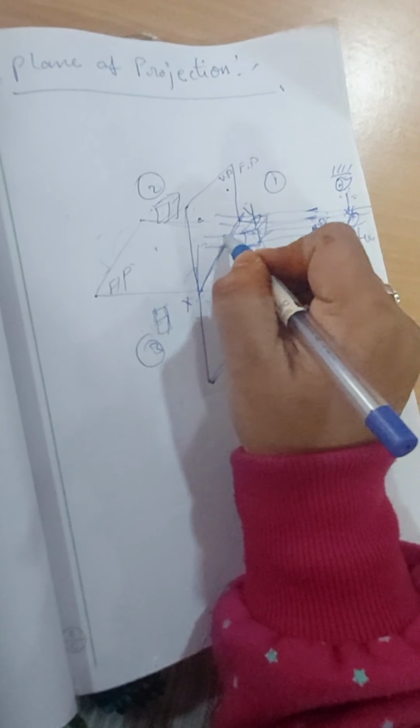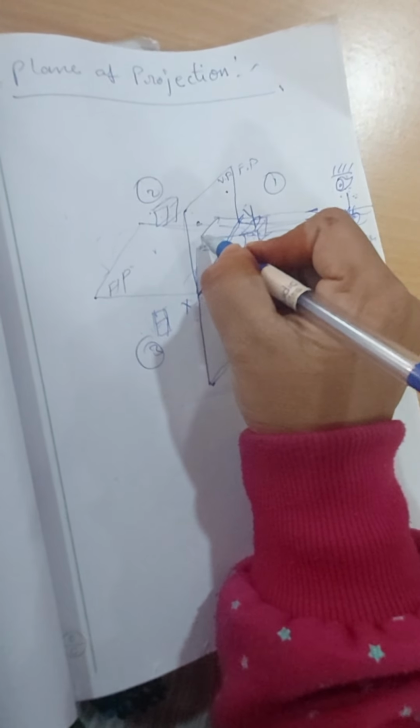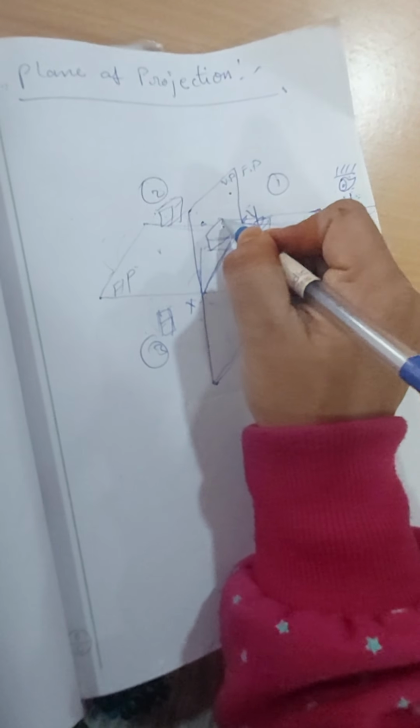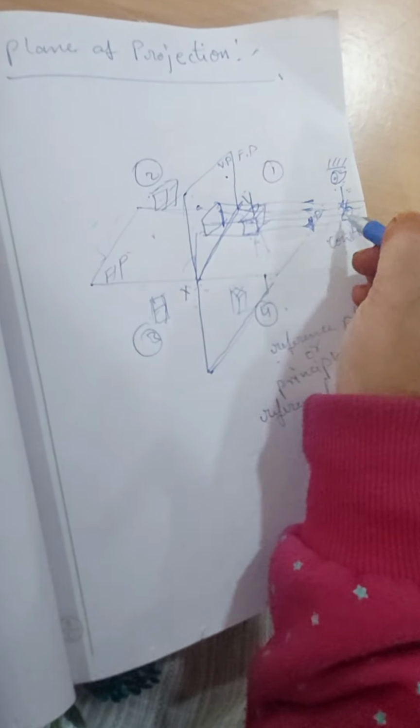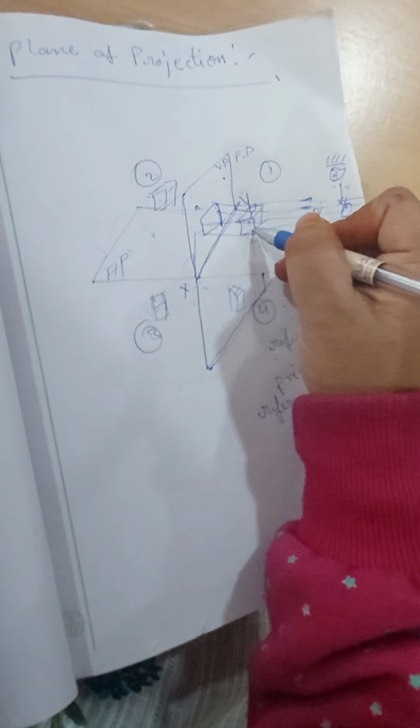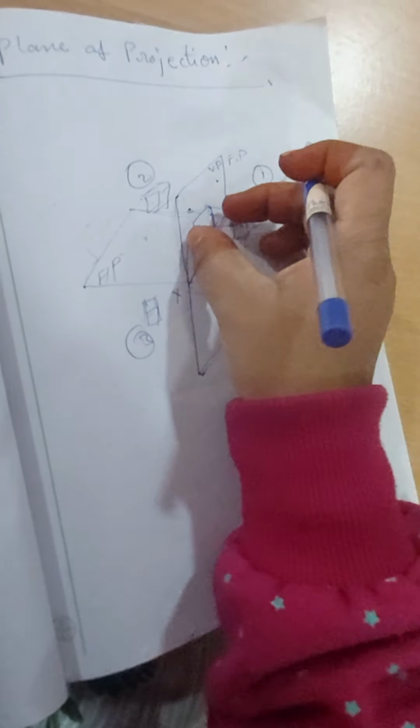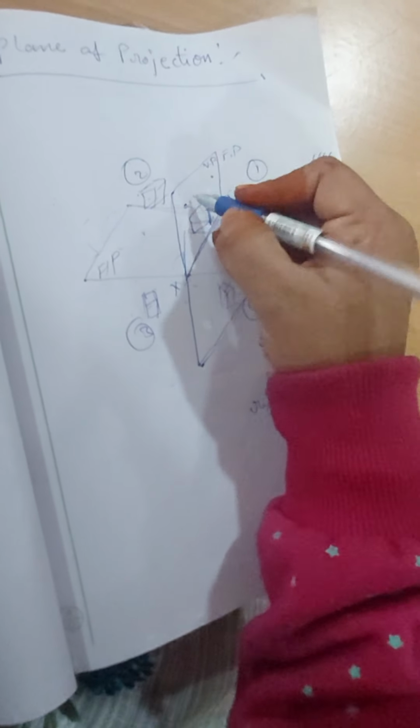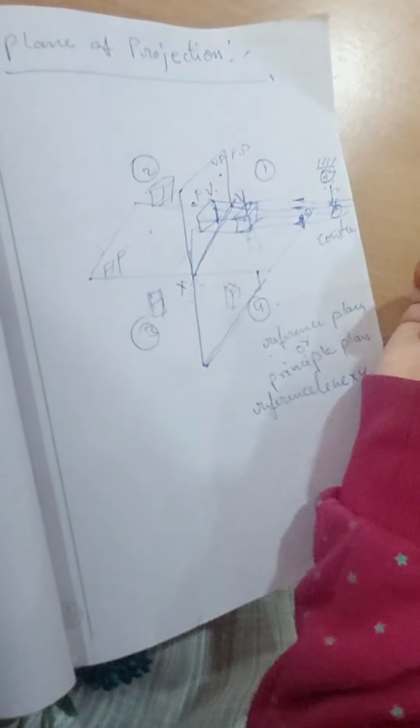So this is the plane of projection, and here we are going to obtain an image of this front face. So here the observer is observing the front side of the object. So the image projected on the plane is the front view.